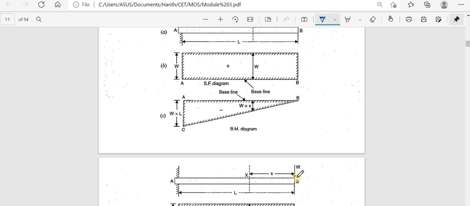Next you have to study how to draw the shear force diagram with a UVL, uniformly varying load. And again, next you have to understand how to draw the bending moment diagram of the cantilever beam, then simply supported and overhanging beam. So these will be the things which we will be studying in the next sections. Okay, that's all. Thank you.